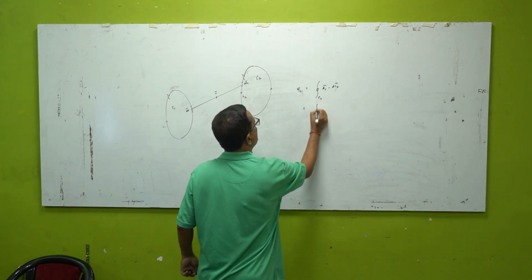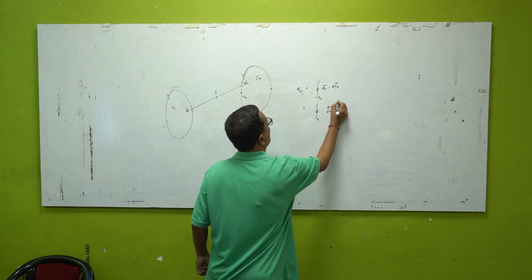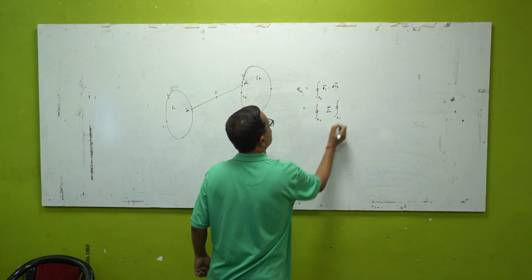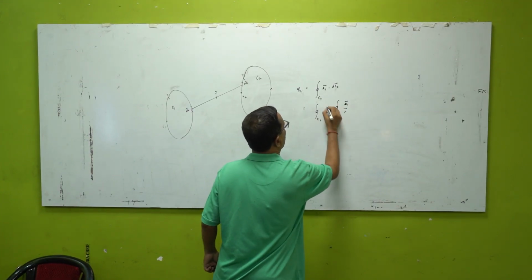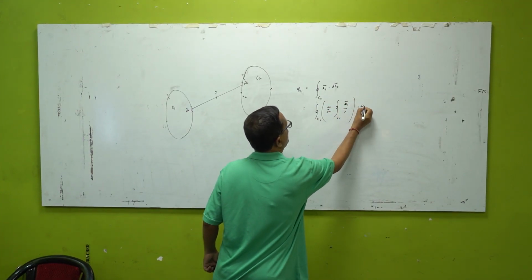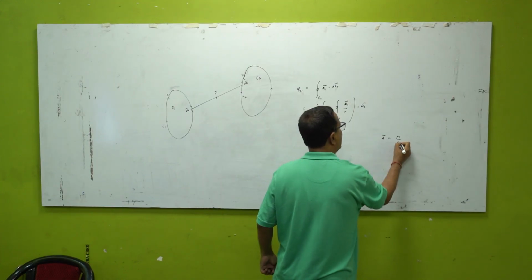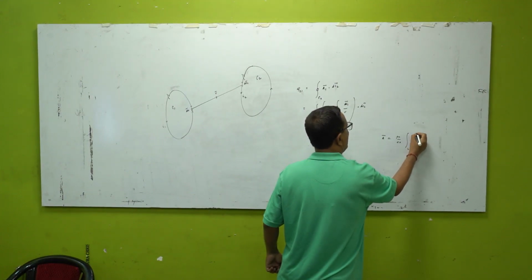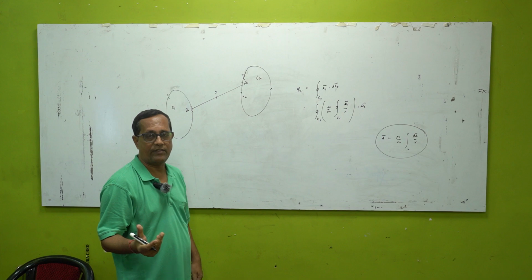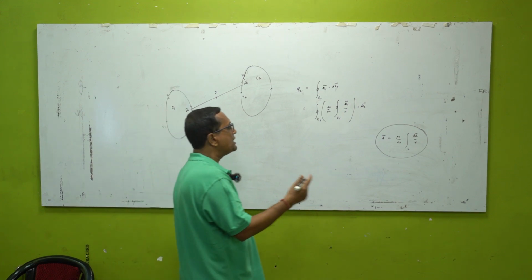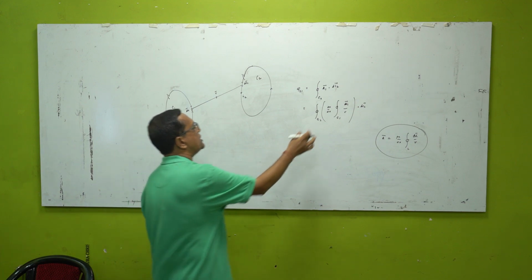So you can write this as mu 0 by 4 pi, the closed line integral over C1 of dl1 by R, dot dl2, because you know that the vector potential A is equal to mu 0 by 4 pi times the integration over C of dl vector by R. This is the mathematical expression of the vector potential for any current element or current loop. We use this relation in this case.